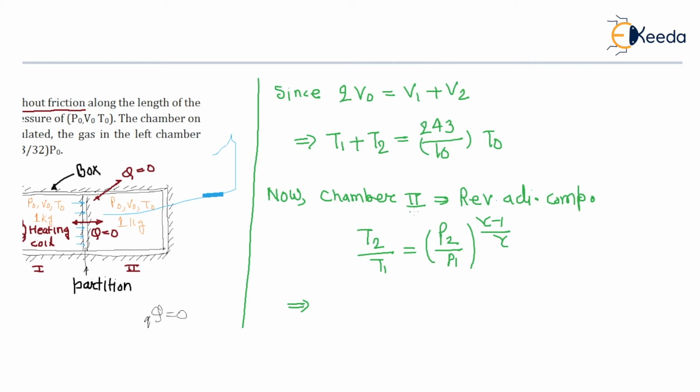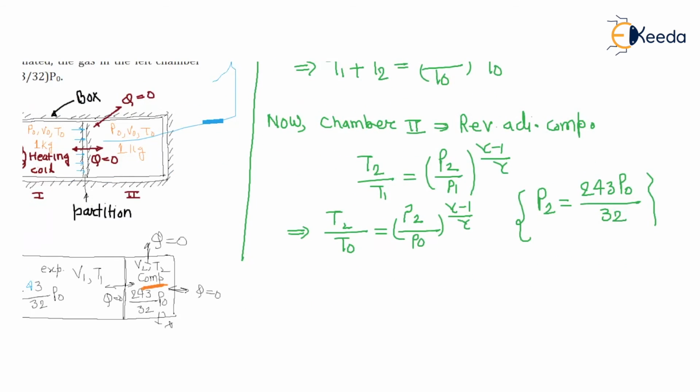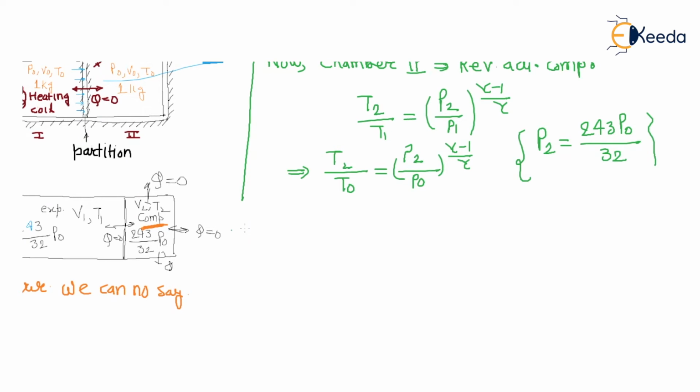This is compartment 2 after, so this is your T2. What is the initial temperature? T naught. What is P2? The initial pressure is P naught, to the power gamma minus 1 upon gamma. So what is your P2? P2 is 243 P naught by 32. So you put this value.